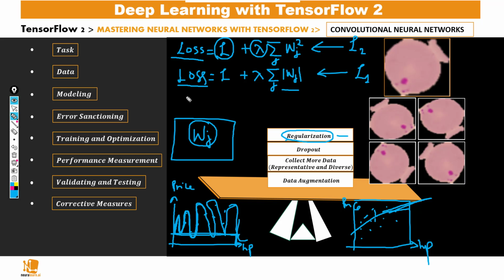So let's have here loss equal L, that's the initial loss, plus let's call this R. Now if our aim is to minimize this loss, then obviously this L will be minimized and the R will be minimized.